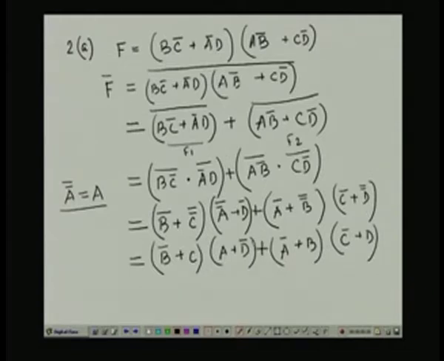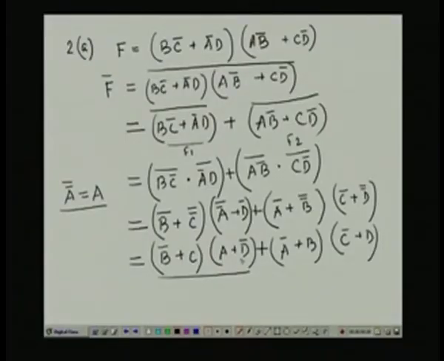Now, further we can simplify these two terms, because if I want some standard form, that means either it will be some sum of product form or the product of sum form. See, it is neither the sum of products nor the product of sums, because if I take only the first two parts, this becomes the product of sums. Similarly, this becomes the product of sums.